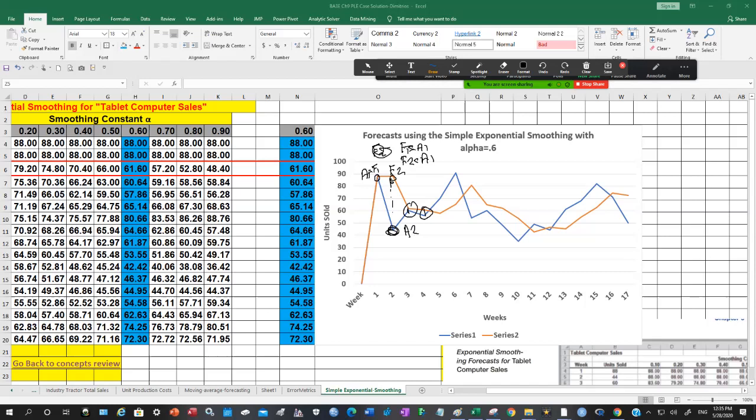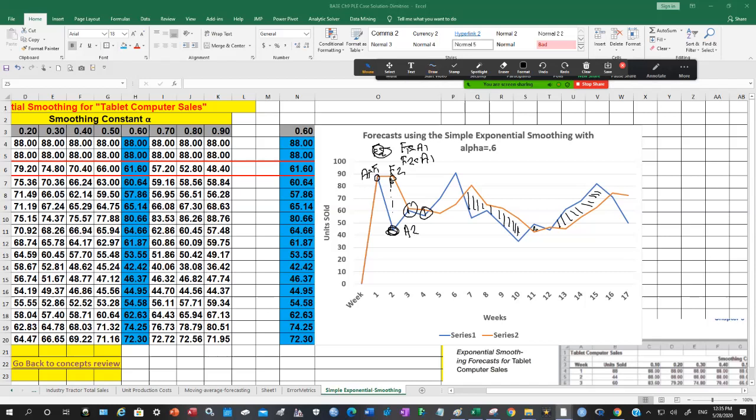So you want this area to be as small as possible. Of course, anytime you do forecasting, it's extremely rare that the forecast and the actual are the same thing. That's almost impossible.